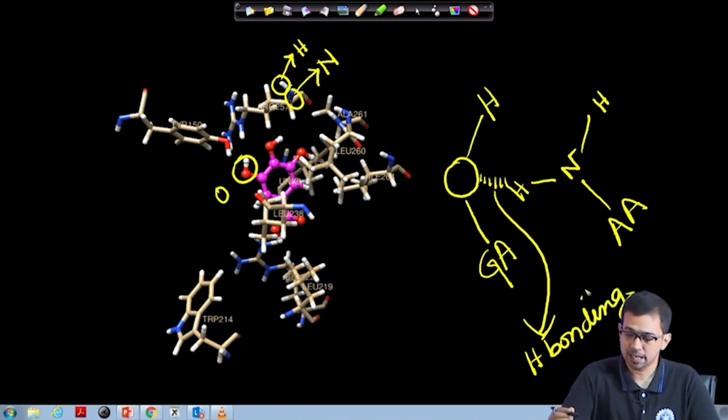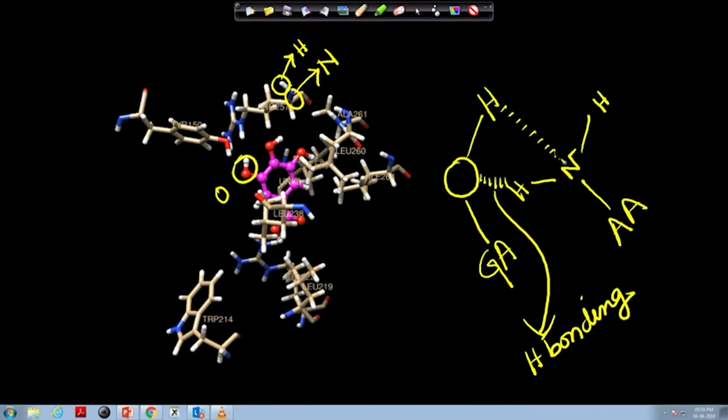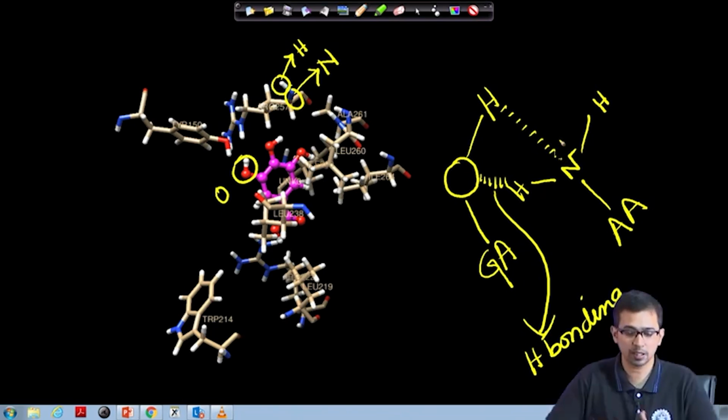Again, this might interact with nitrogen also for hydrogen bonding. So, what I am trying to portray here is that the interaction which takes place during protein-ligand interaction might be hydrogen bonding.